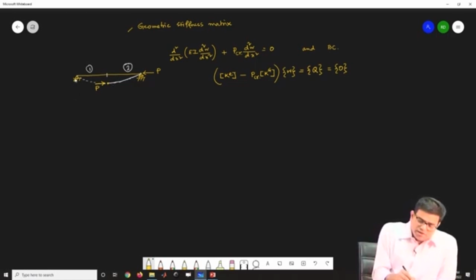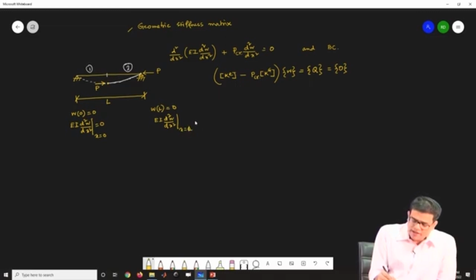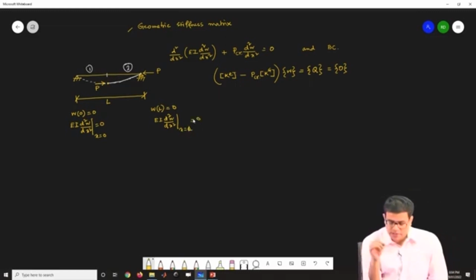If this beam is of length L, that is L is my length of the beam, then the boundary condition is W is 0 here, W is 0 here, and the moment, that is EI d2W/dx2, let me take EI constant, is also 0 here, at x equals 0 and at x equals L. So, this is essentially a simply supported beam.